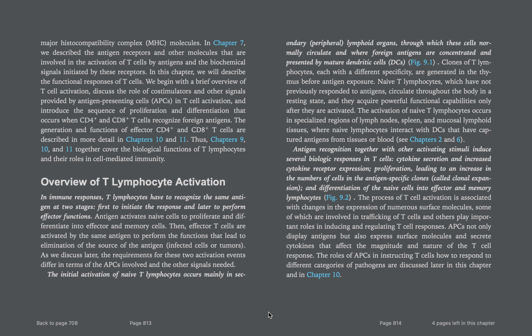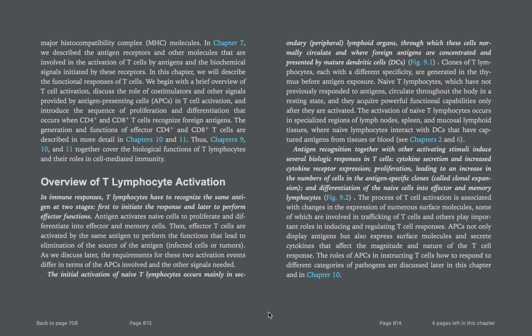The activation of naive T lymphocytes occurs in a specialized region of lymph nodes, spleen and mucosal lymphoid tissue, where naive T lymphocytes interact with the dendritic cells that have captured antigen from tissue or blood. The antigen recognition, together with other activating stimuli, induces several biological responses in T cells.